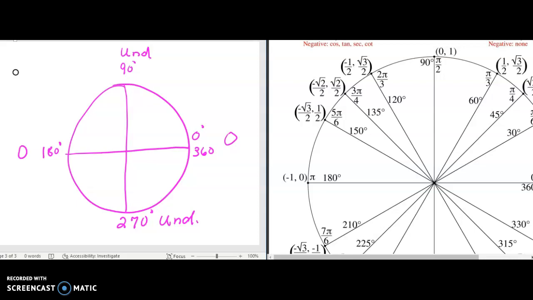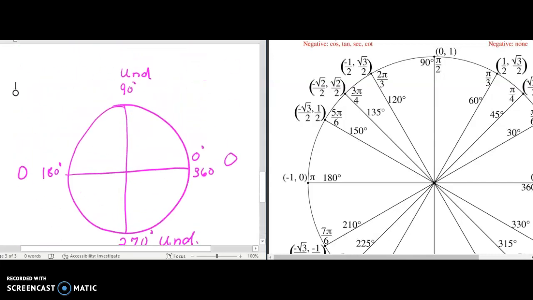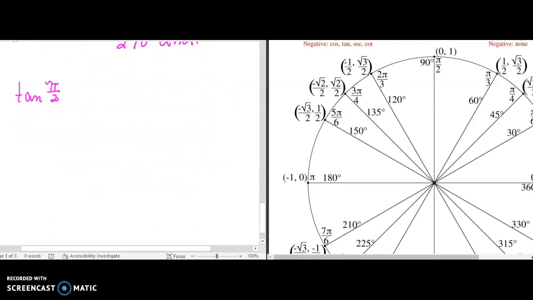Okay, so if I were to ask you for, let's say, the tangent value of pi over 2. Pi over 2 is a 90, so the tangent value of a 90 is undefined. We would just say undefined.